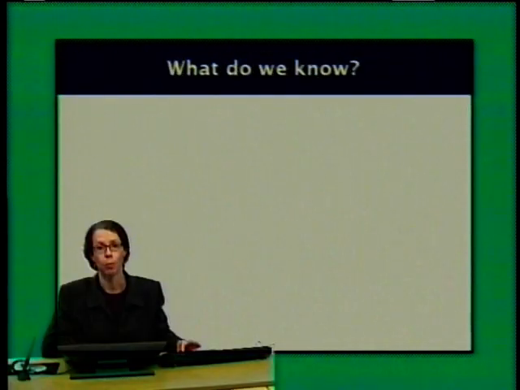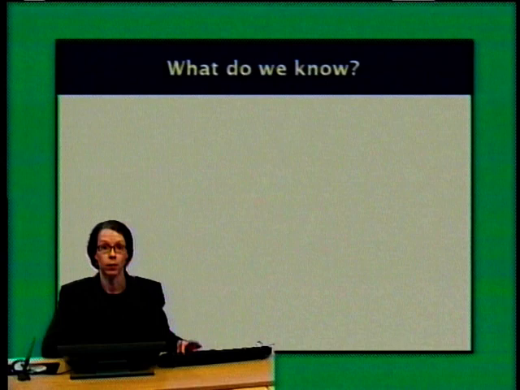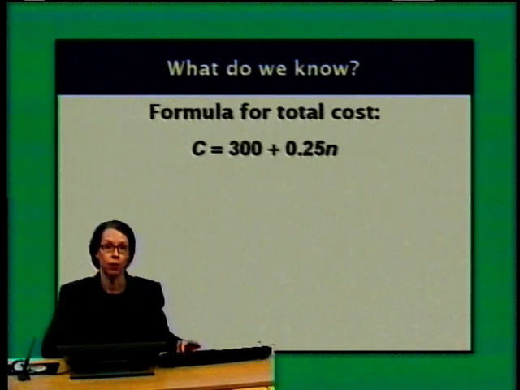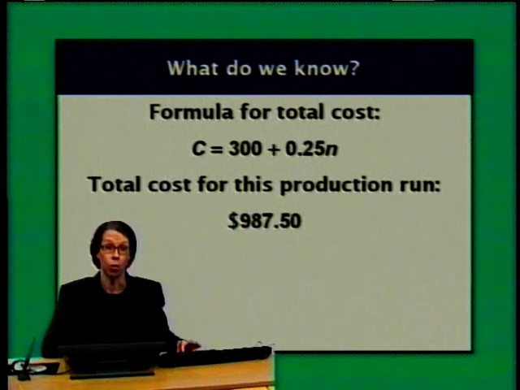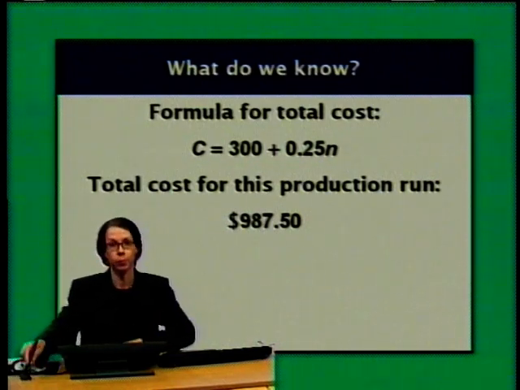So the first thing we want to ask is, what do we know? Well, in this problem, we're given a formula for the total cost. We're also told that the total cost for this particular production run was $987.50. What we don't know is the number of bottles that were printed with the slogan, but I can use the formula to help me determine this.